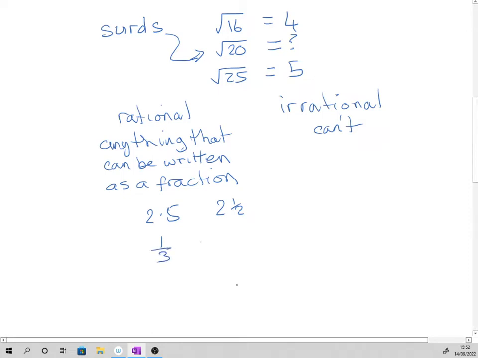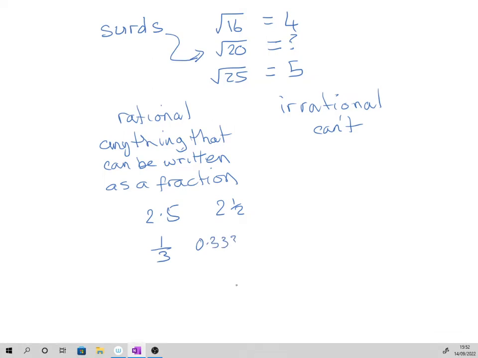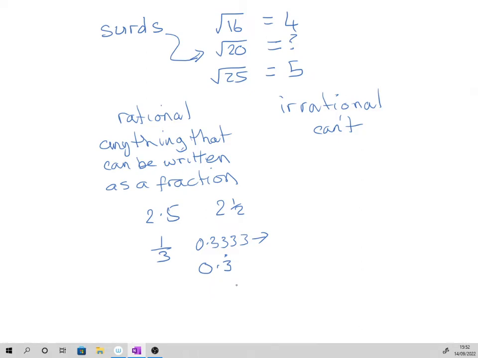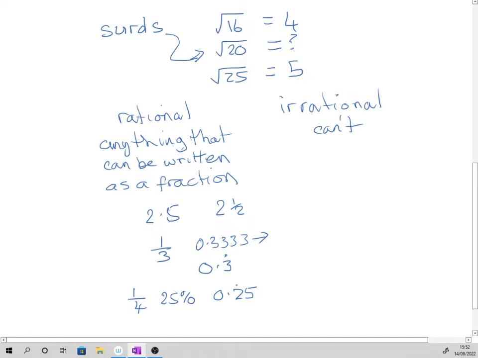Now the third is actually 0.3333, never ends, yeah, but we would rewrite that as 0.3 with a little dot on the top of the 3 to say that this is a recurring decimal, and this recurring decimal can be written as a fraction, so therefore it's a rational number. And 25% can be written as 0.25 or 1/4. So it can also be written as a fraction.